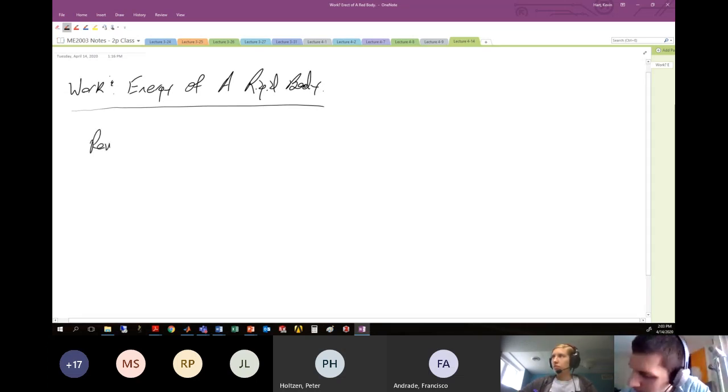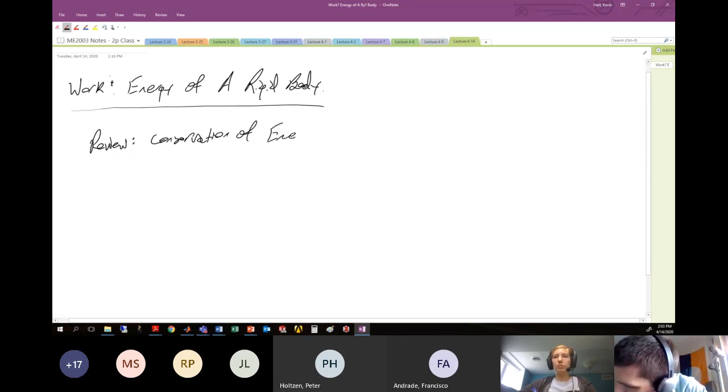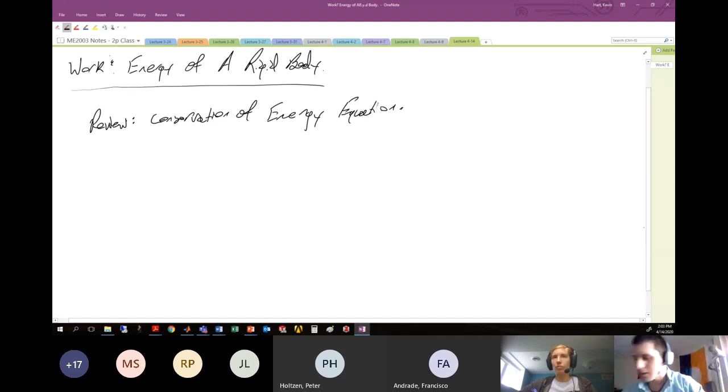So review first will be the conservation of energy equation. Maybe you have seen this with different variables, but I'll roll with the variables that the book uses. So hopefully you've seen variables like this before.